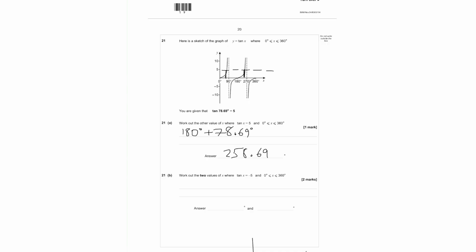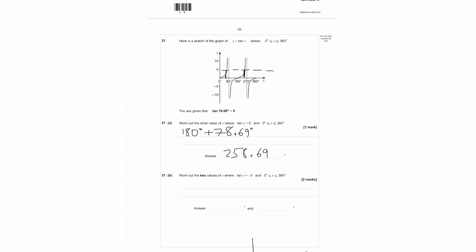258.69 degrees. For part B, we're told to work out the two values of x where tan x equals minus 5, and again we're between 0 and 360 degrees. So the way we can do this is again using the fact that it repeats and the fact that it is symmetrical.